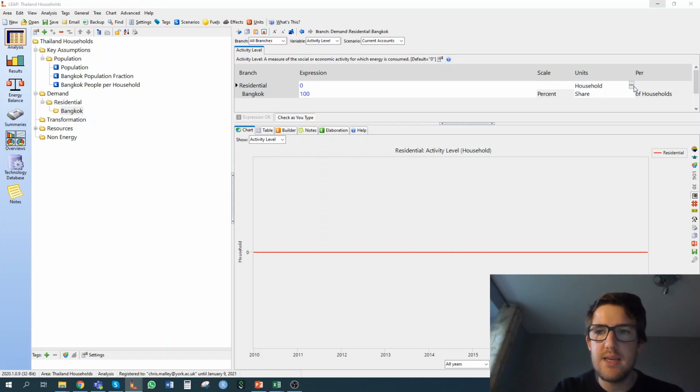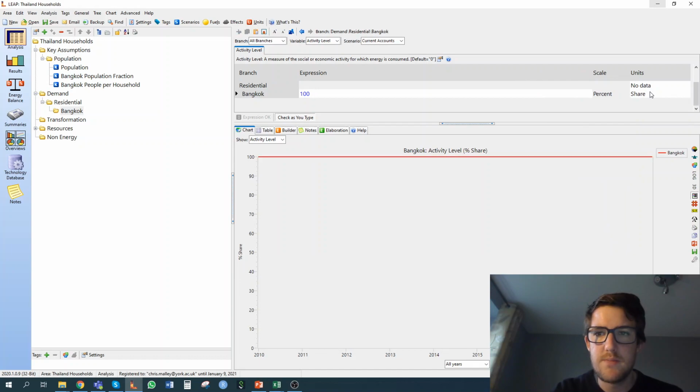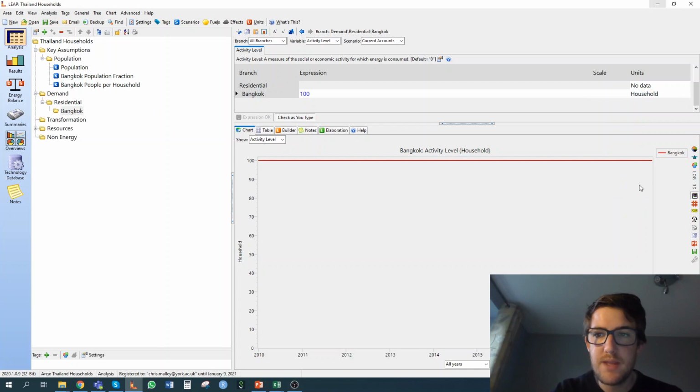But I think the other way that we can do it is not to enter the total number of households, so to have no data at the residential level, but to then change the units for Bangkok to household. So we enter in the number of households in Bangkok directly, rather than entering in the total number of households in the whole of Thailand.